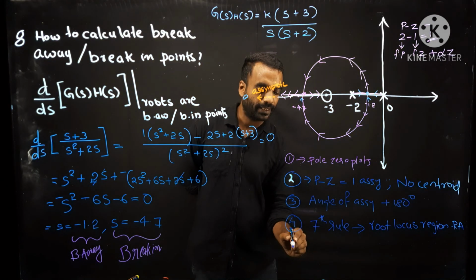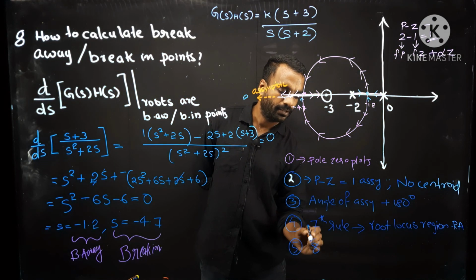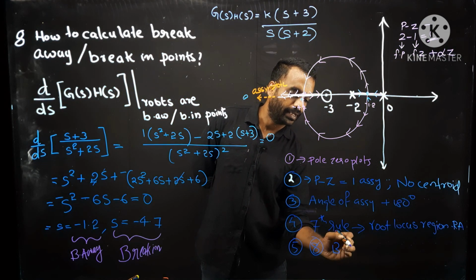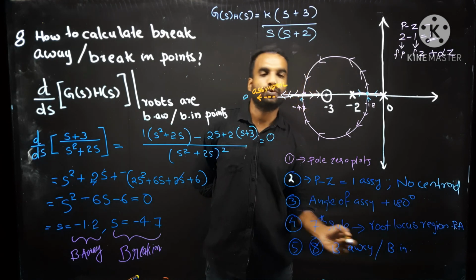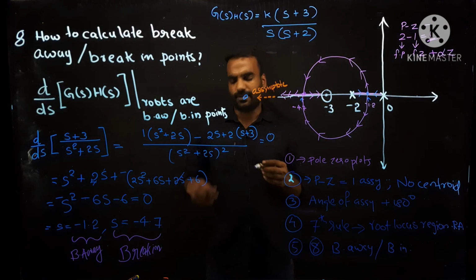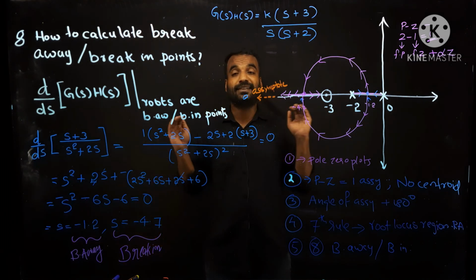Then you applied the next rule, rule number 8, the breakaway and break-in points. And you got those things and you completed the figure. Up to this, everything is okay. The things are still in your hand.